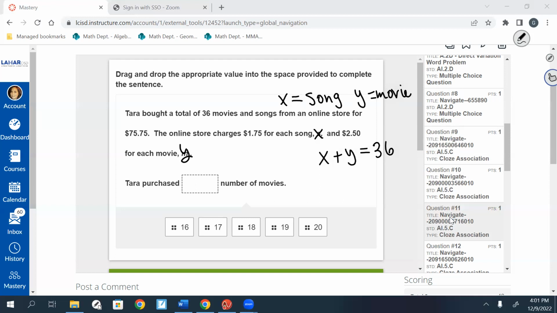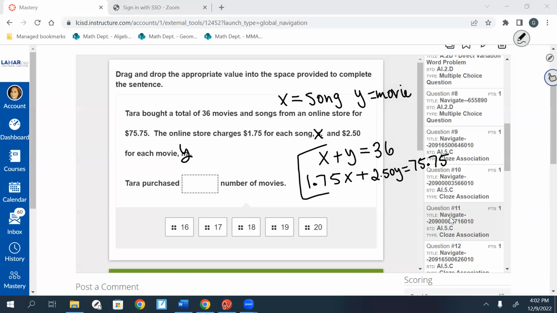It was $1.75 for each song, and X is song, so you have 1.75X. And then now we do the movies. Every movie is $2.50, so 2.50Y, and that's going to equal her total. She spent $75.75.